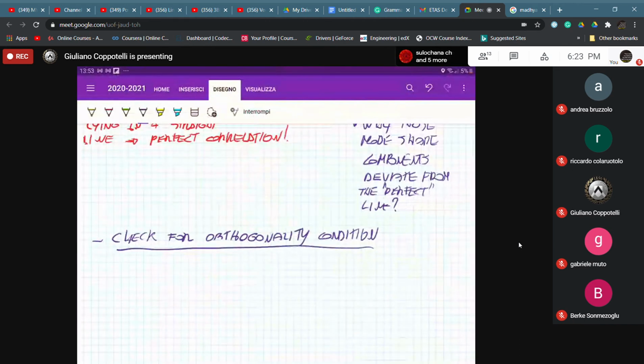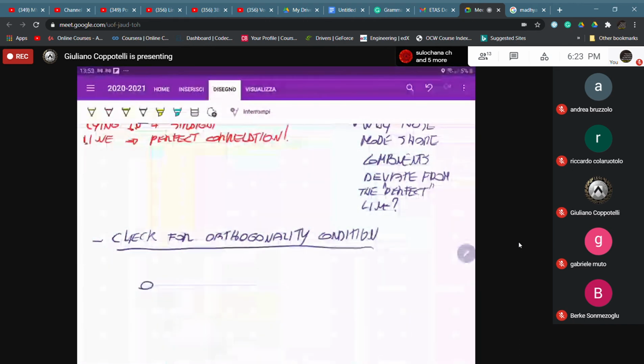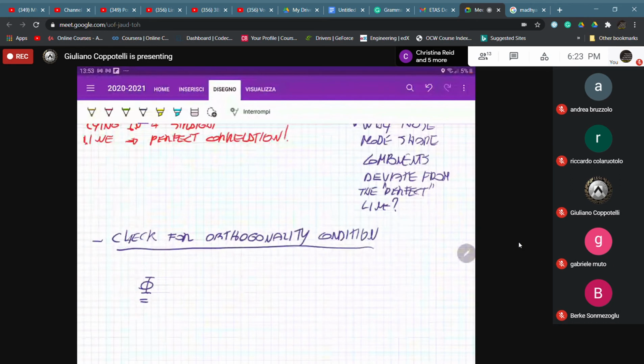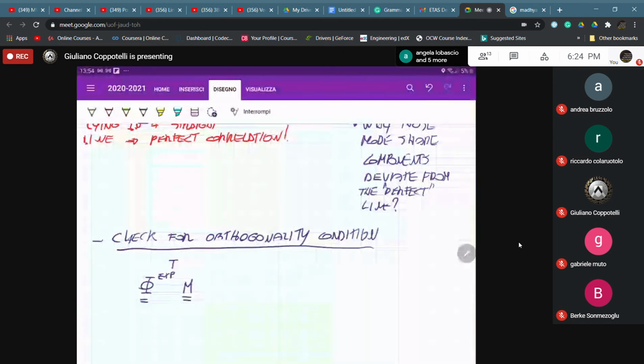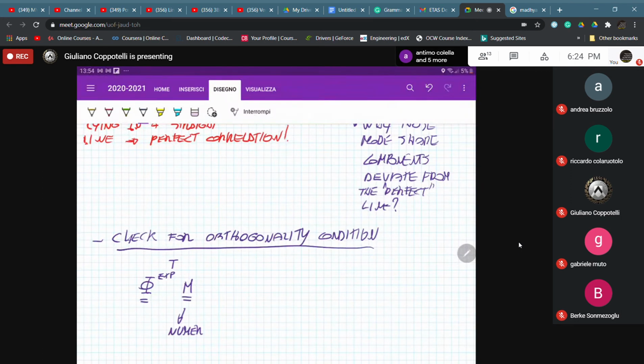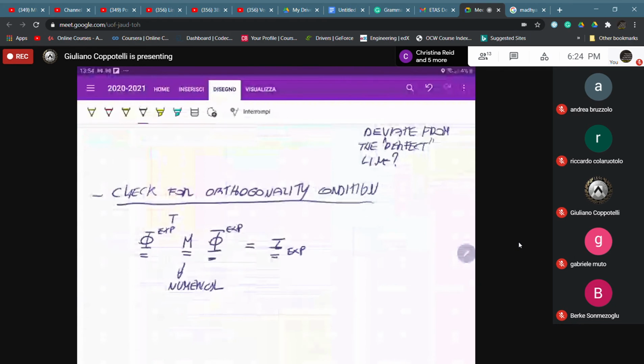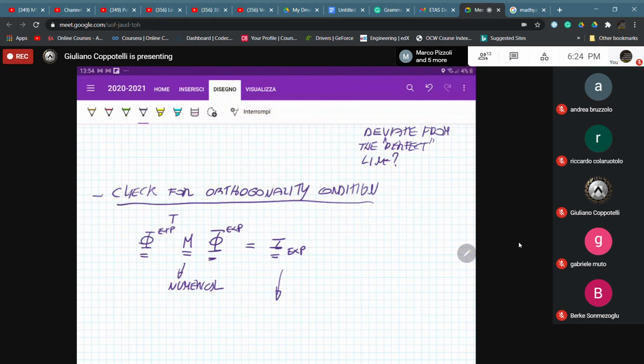So what is generally done is that we consider the phi matrix from the experimental analysis transposed, times your mass matrix from your numerical analysis, times your phi matrix, once again from the experimental investigation, which is equal to the unitary matrix. That's because if we have the perfect correlation, that is just a unitary matrix.